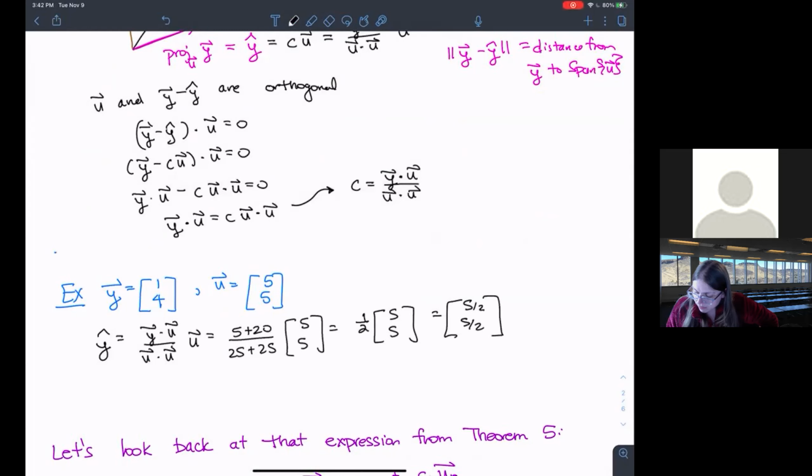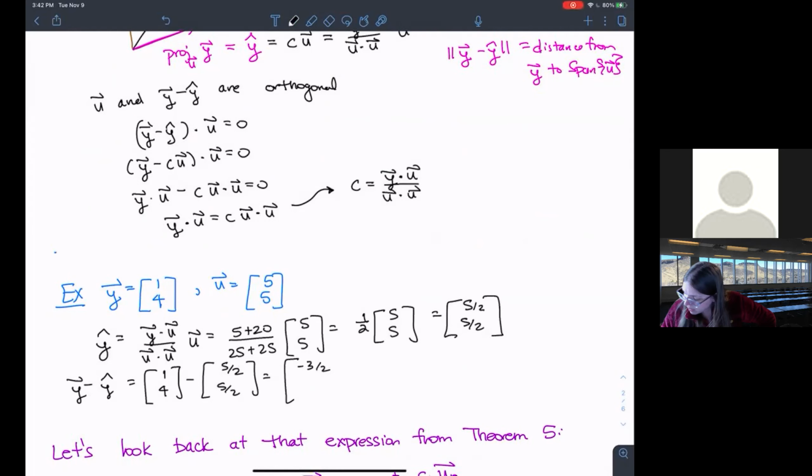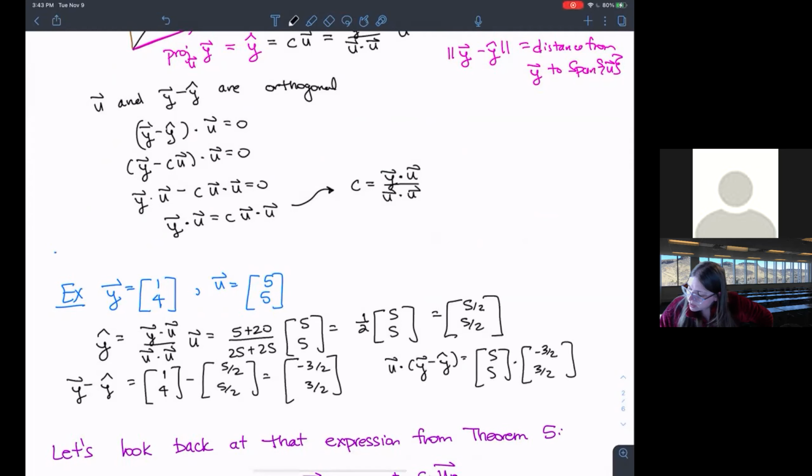If I wanted to, I could say y minus y hat is 1, 4 minus 5 halves, 5 halves, giving me negative 3 halves, and then positive 3 halves. And I can check if I take u dot y minus y hat, I get 5 halves, 5 halves dotted with negative 3 halves, positive 3 halves, which is 0. So it's really orthogonal.